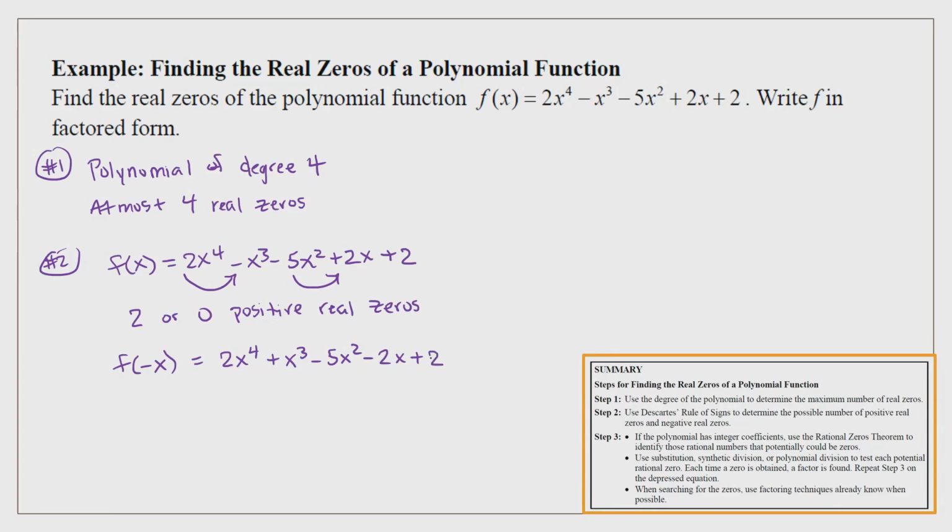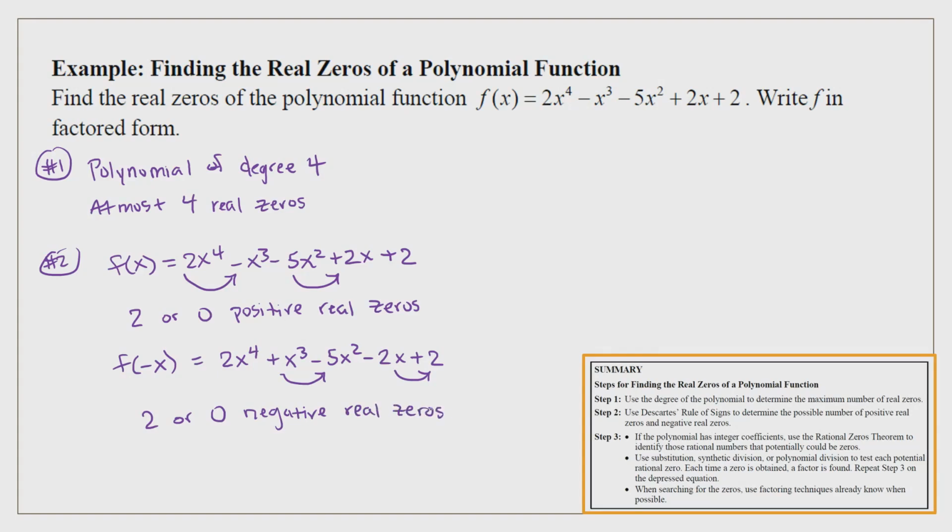Okay? So now I want to identify the sign changes. So that would be from the second to the third and from the fourth to the fifth term. Okay. So I also have 2 or 0 negative real zeros.